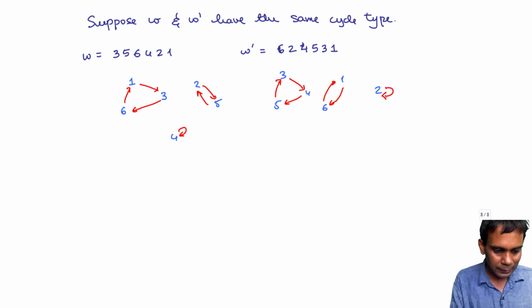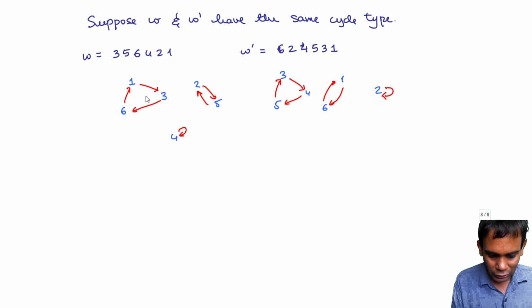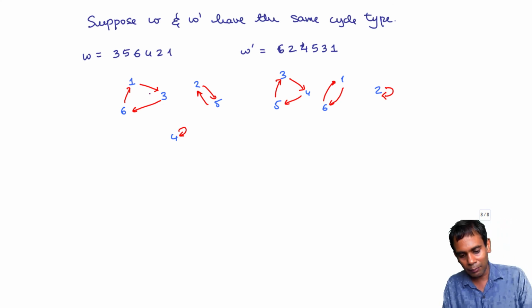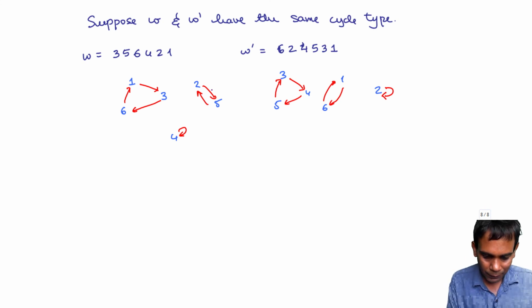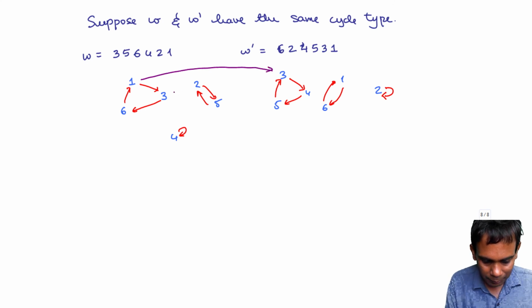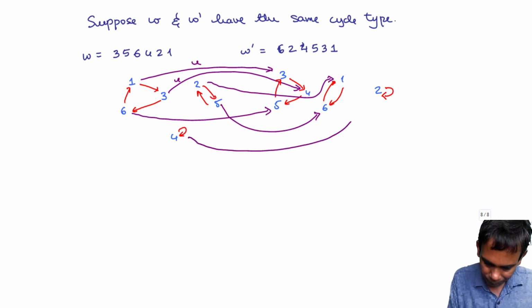What I'll simply do is I'll draw u as follows. I will take u to be the element which matches the cycles of w and w prime. So I'll take this cycle here and match it with this cycle here. So I'll map this element to this, the next element in this cycle to the next element in this cycle. Then I'll map this element here to this, and this element here to this.